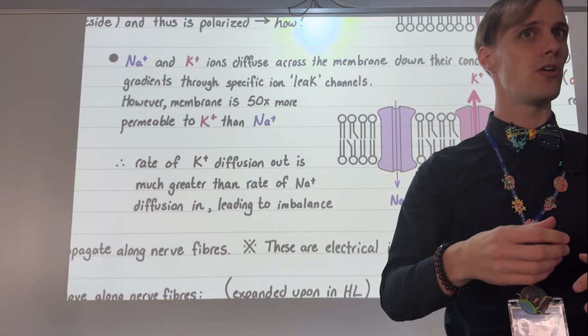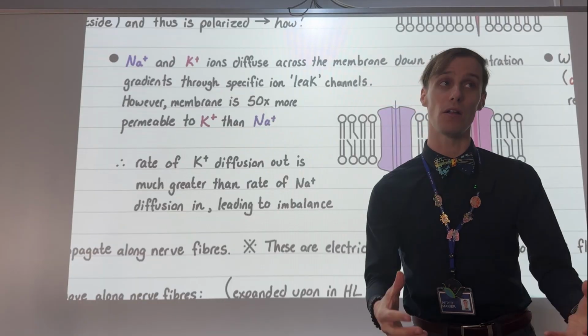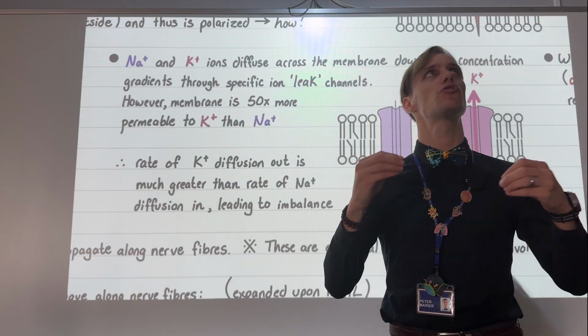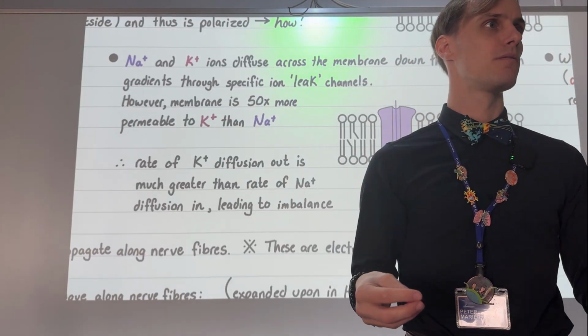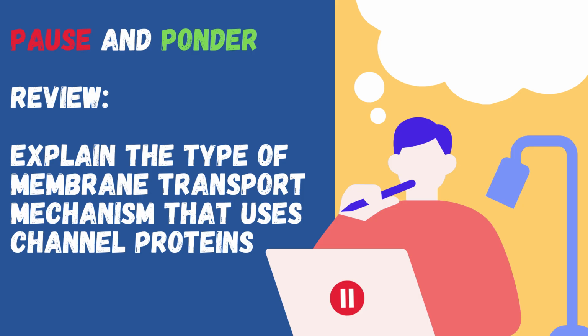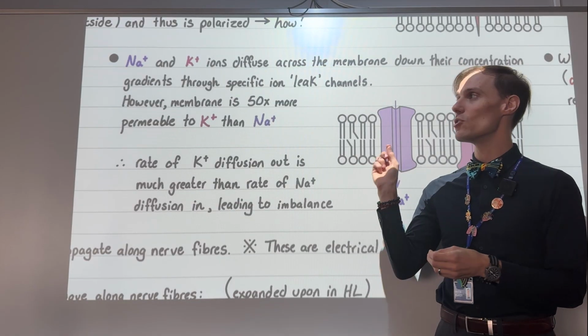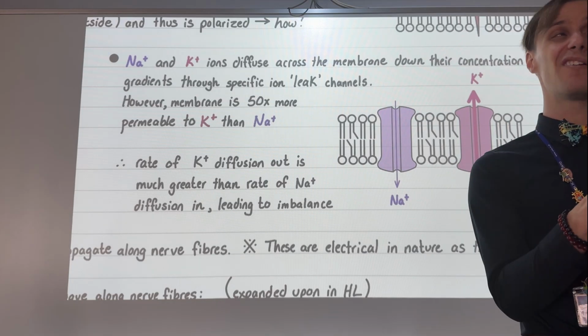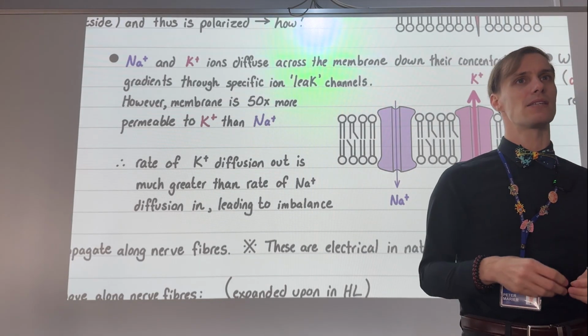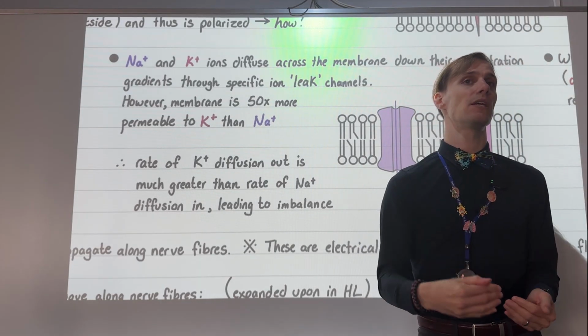Now again, review, if I use the term channel protein, what kind of transport am I implying? If I'm using a protein channel, then that implies I'm undergoing facilitated diffusion.